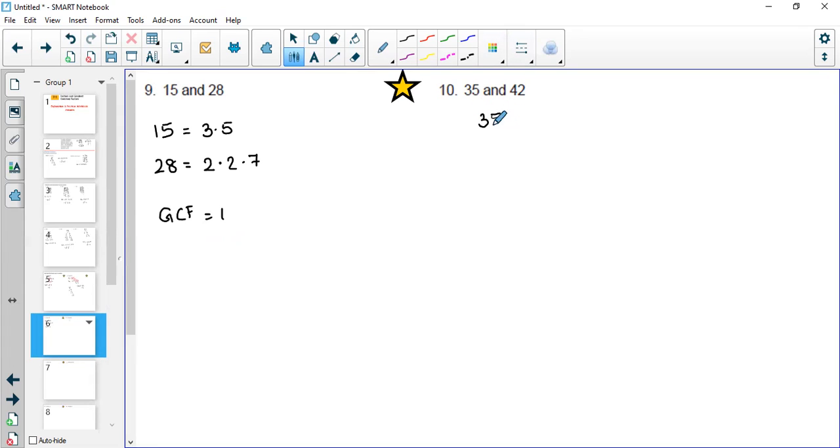This is going to be 35 and 42. The prime factorization for 35 is going to be 5 multiplied by 7, because both of them are prime numbers, so there is no more factorization for that. But for 42, we have 2 multiplied by, say, 3?